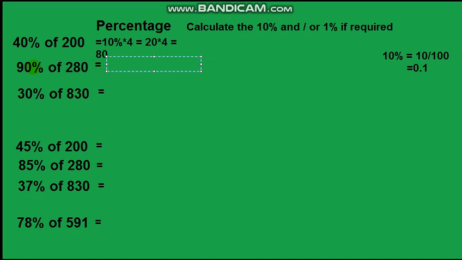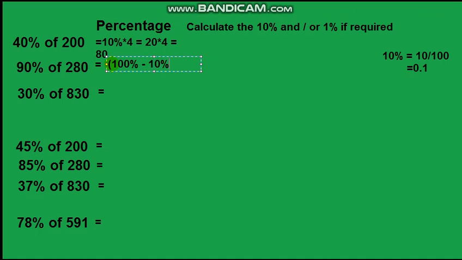Now we'll go to the next problem. 90% of 280. This problem can be solved by calculating 10% of 280, which is 28, multiplied by 9. Or we can solve it another way. How can 90% be written? 90% can be written as 100% minus 10%.